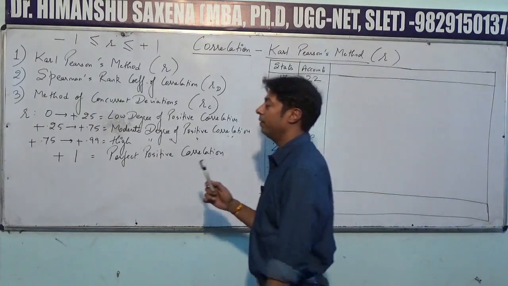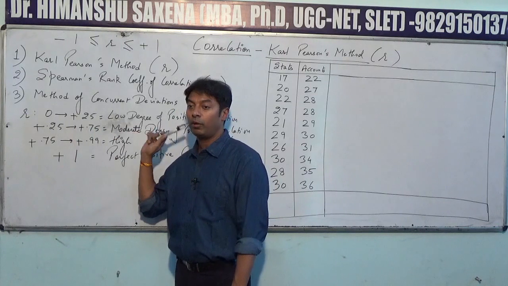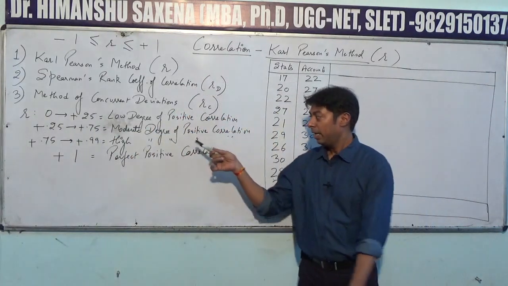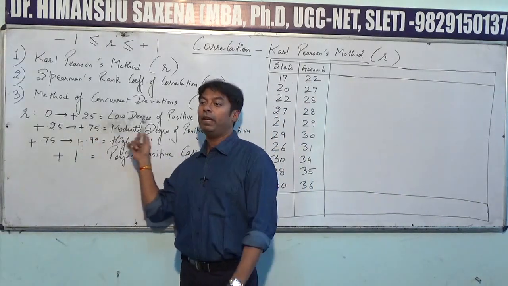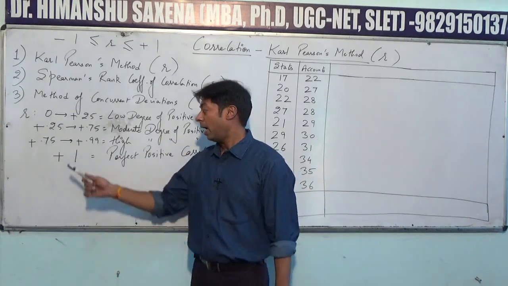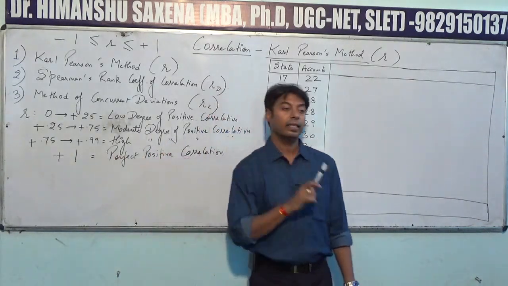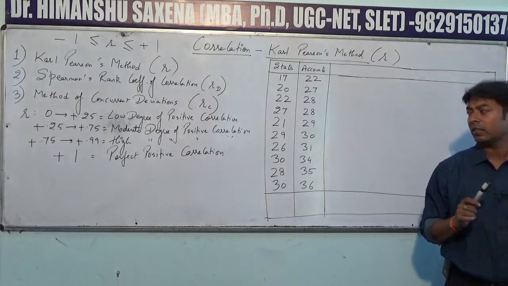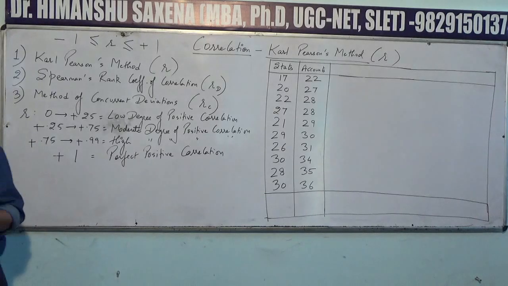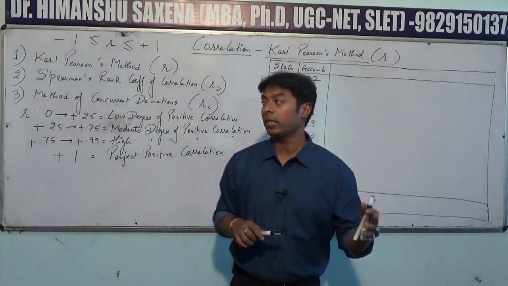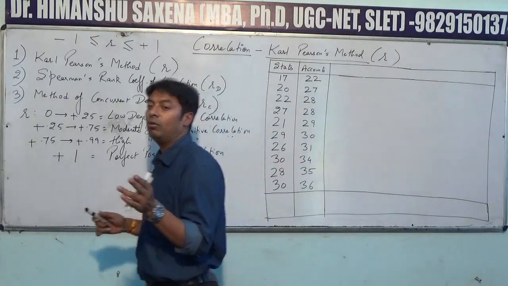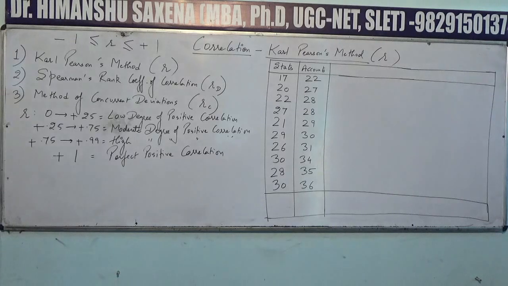If the value is between -0.25 till -0.75, there is a moderate degree of negative correlation. If the value is between -0.75 till -0.99, there will be a high degree of negative correlation, and if the value is -1, that signifies that there is a perfect negative correlation. That means both the variables are inversely related to each other. That is what the word correlation means. It means finding out the degree of relationship between two variables.